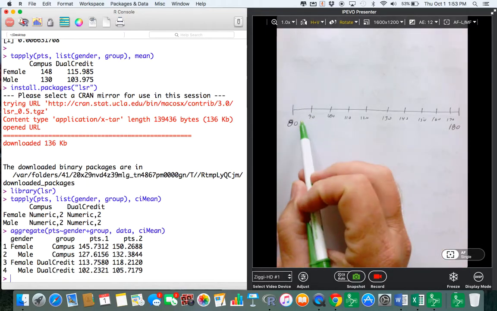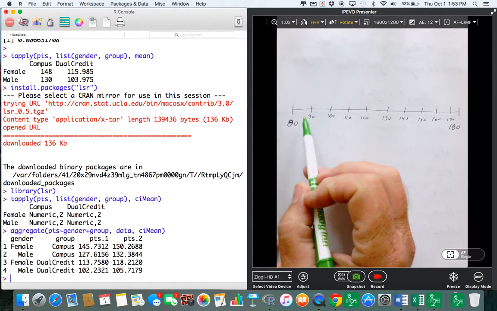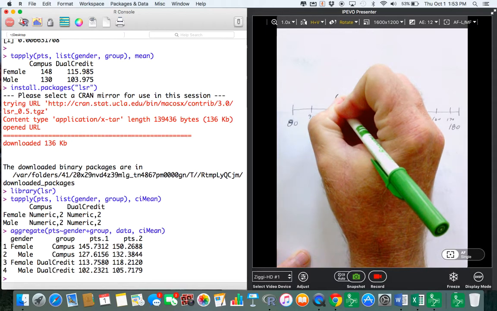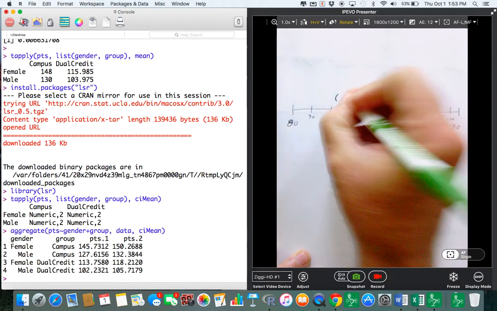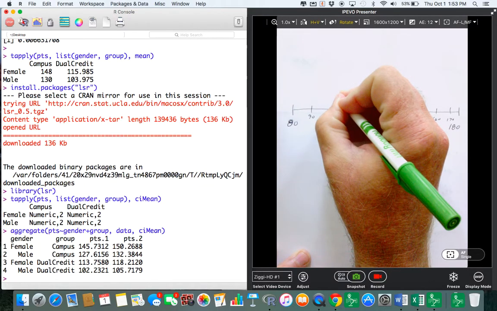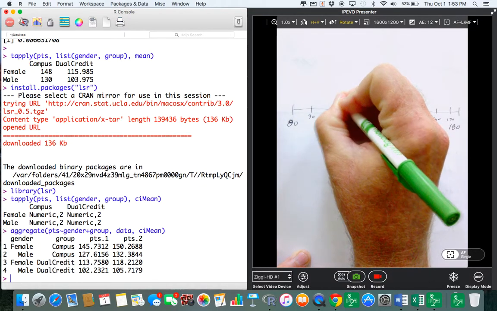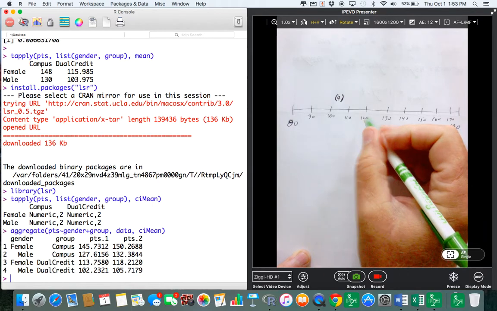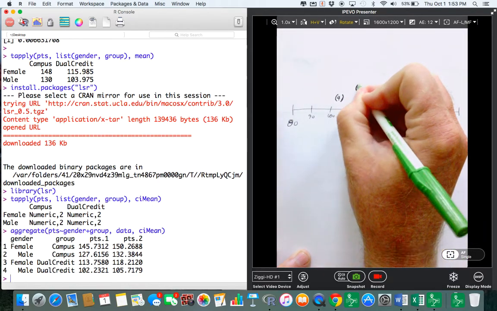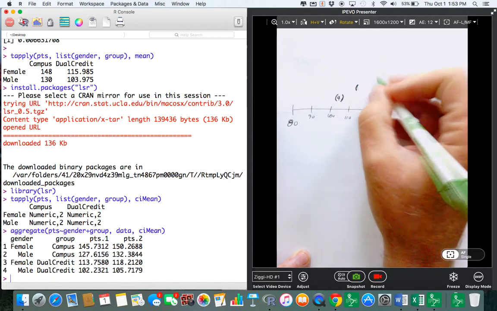So what I end up with is a confidence interval. Let's just start at the bottom from 102 to 105. And I'm going to start from the bottom and just call that 4. The next one, I go from 113 to 118.